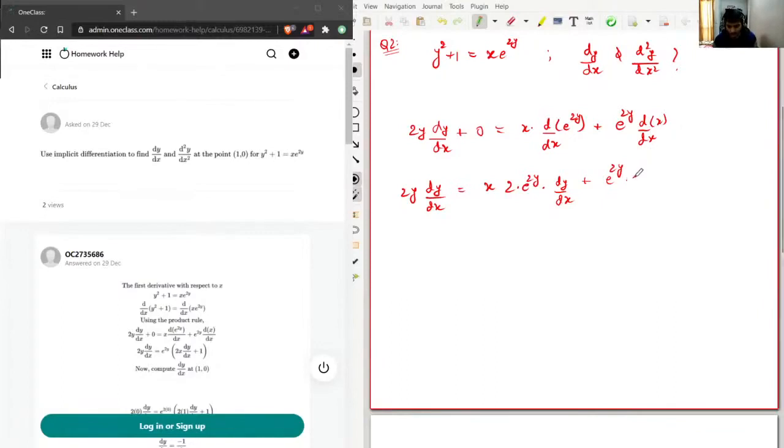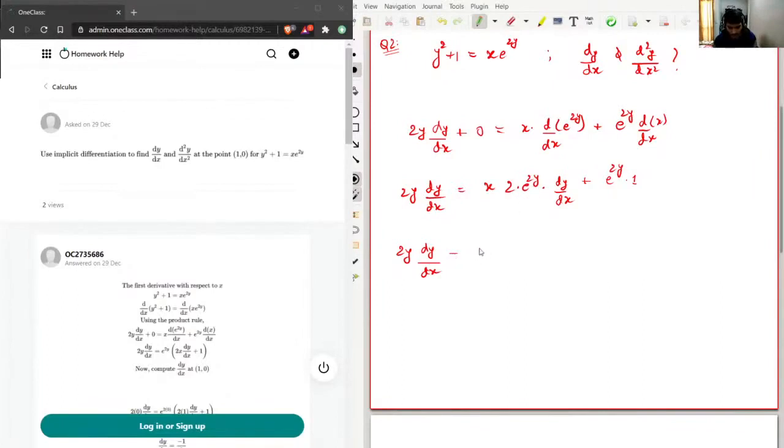So we'll have 1. Now I'm going to rearrange this equation. Basically I'll take this whole term on the left hand side, so it will become 2y dy by dx, but we need to keep this equation because for calculating d square y by dx square we'll be continuing from this equation only, but to calculate dy by dx at (1, 0) I am going with this step.